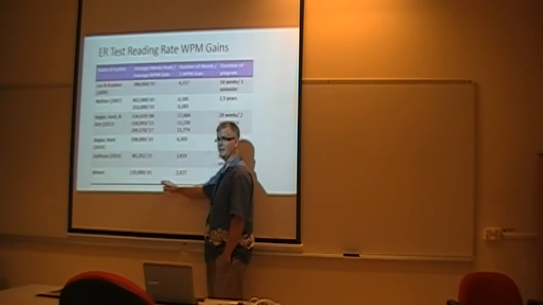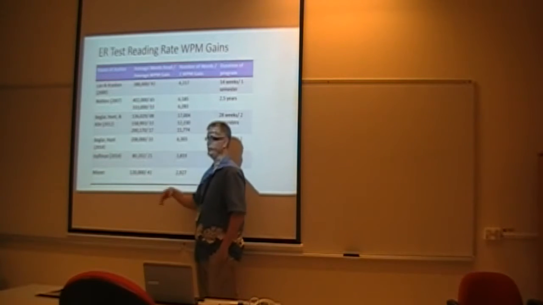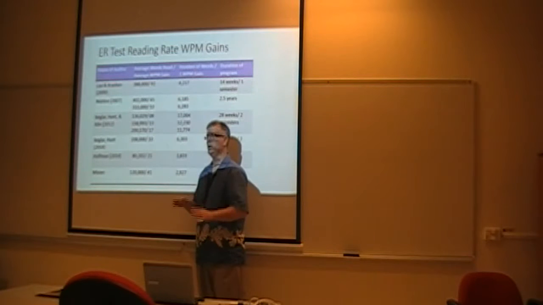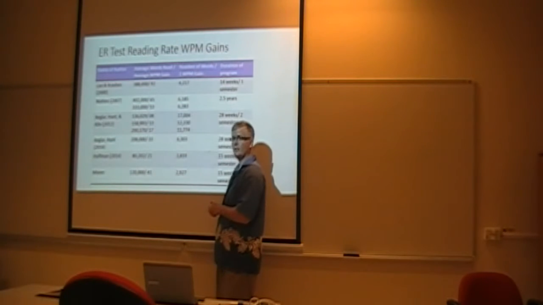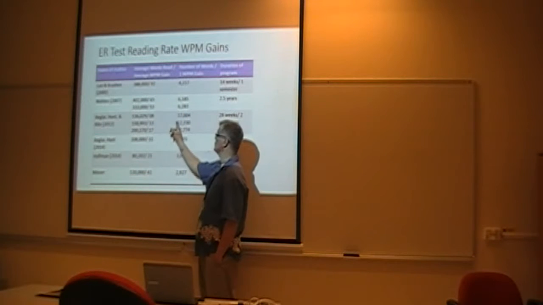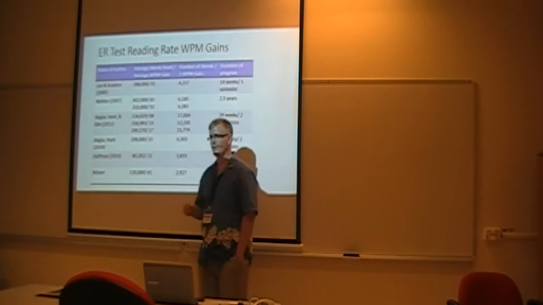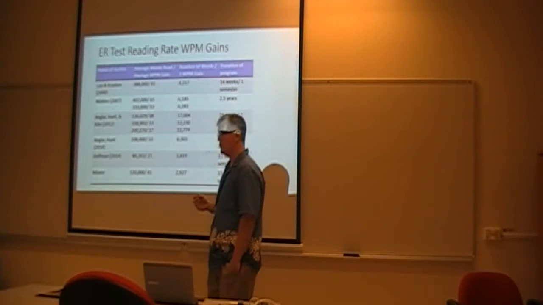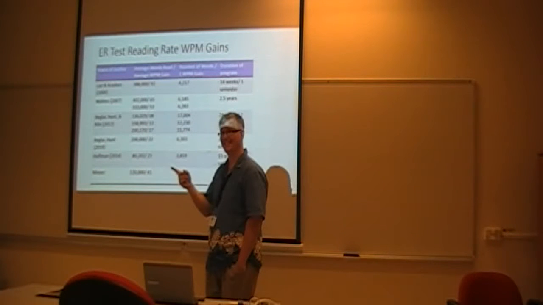This happens to be my study down here. This is what I did with my students. My students increased by about 40 words per minute, depending on what kind of test you give them. But the point that I wanted to show you is that if you read 4,000 words, or 6,000 words, or 17,000 words, or 3,000 words, or 2,000 words, you're going to increase by 1 word per minute.